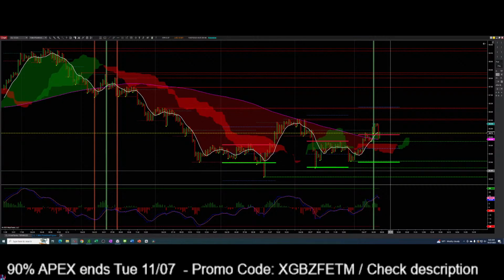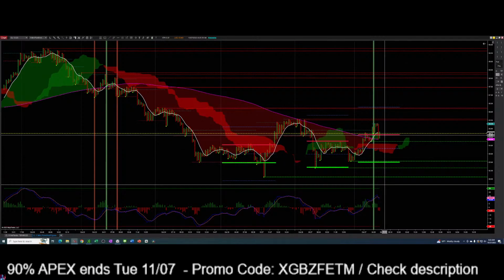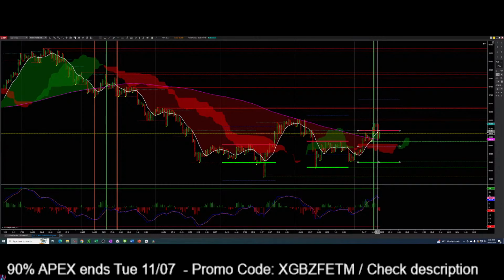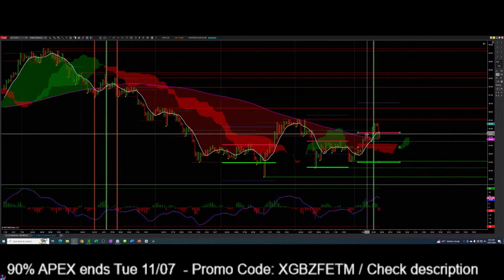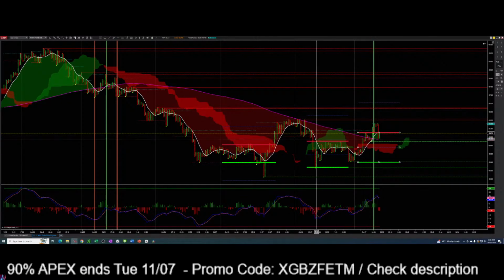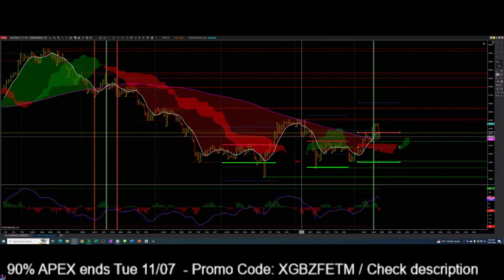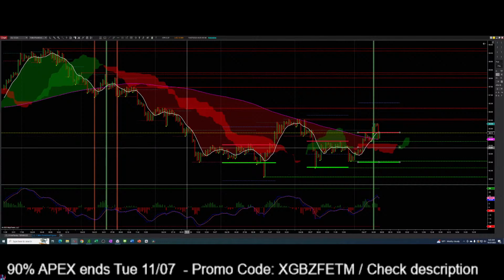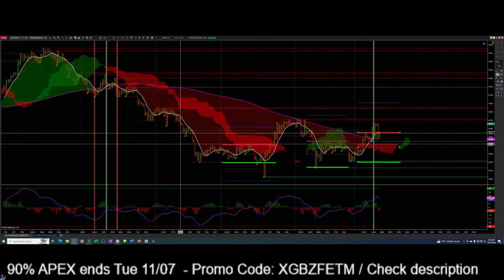I would say $83. And then the upper level here, let's look at overnight. There's this week here. There's this one here and that one there. This one is not a bad level, right?